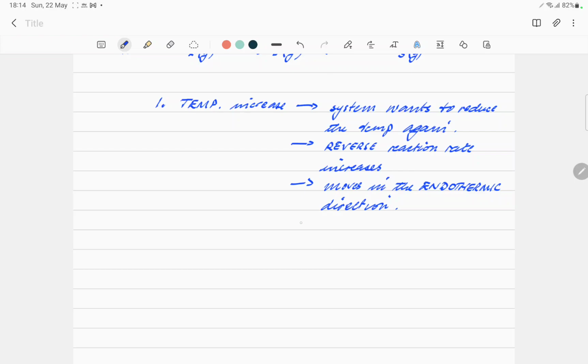So as a result, what is the net effect of that? There will be more reactants than before and less of the products.